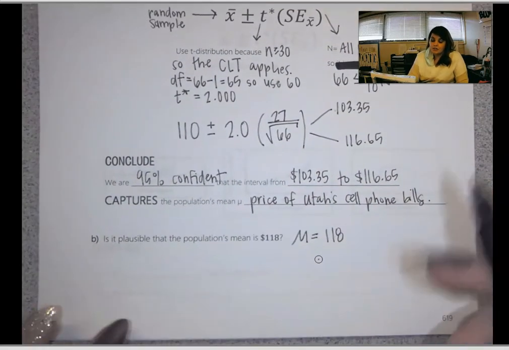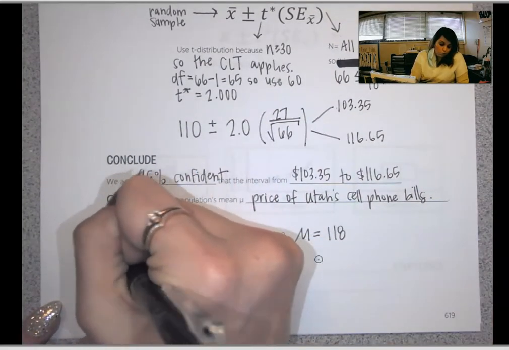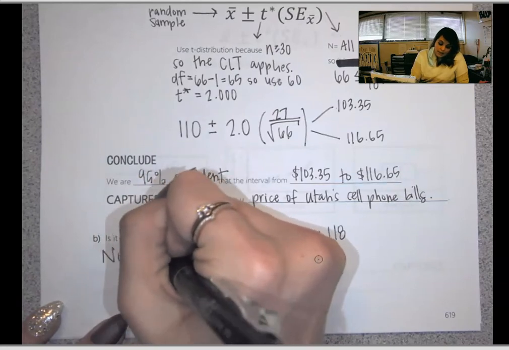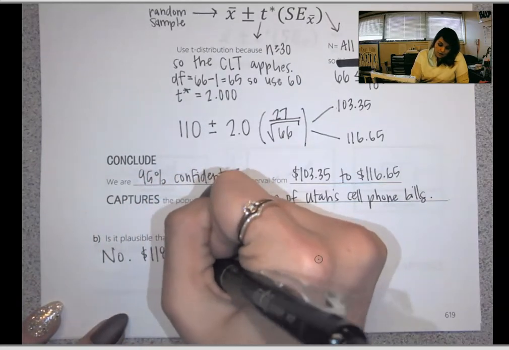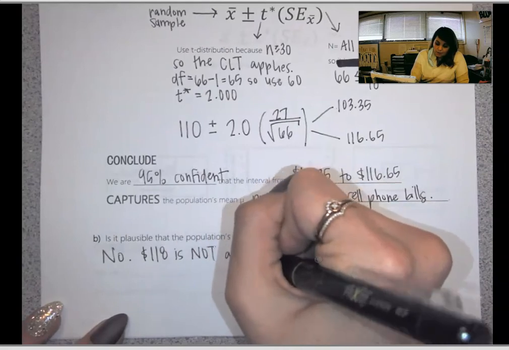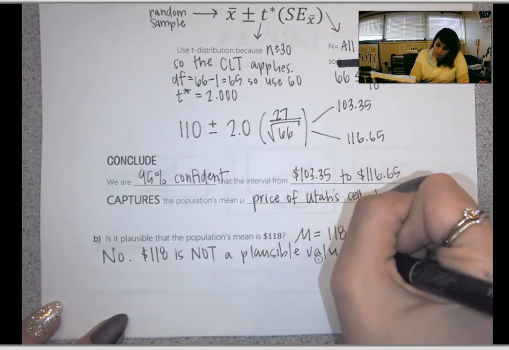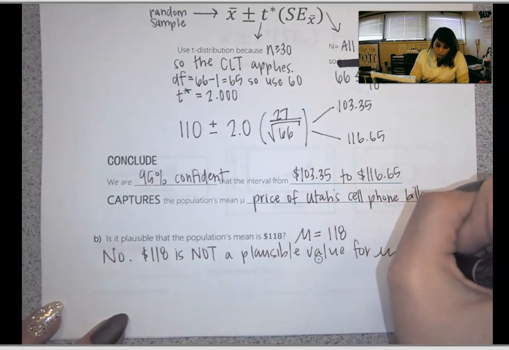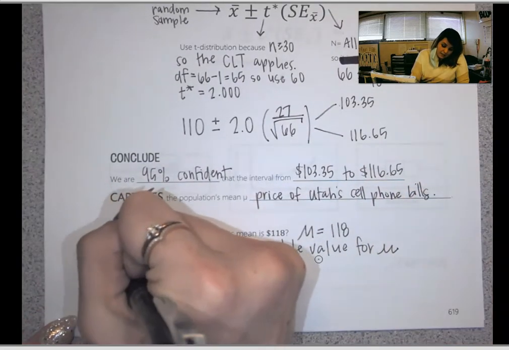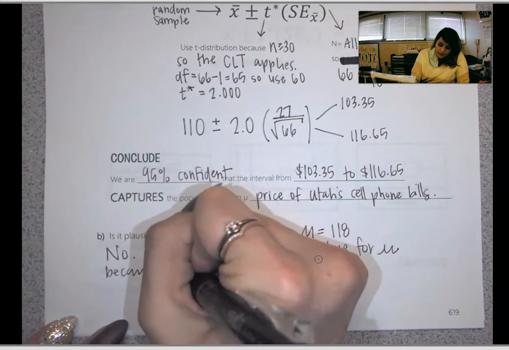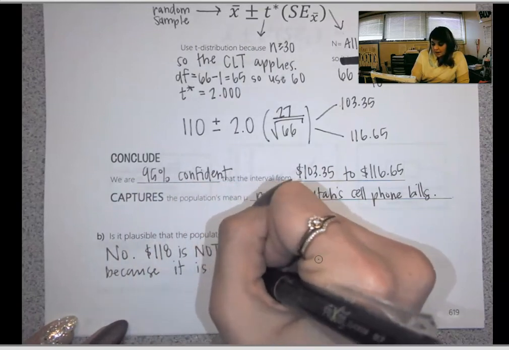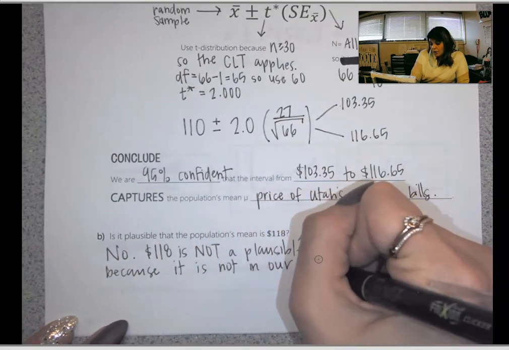And the answer to that is no. 118 is not a plausible value for mu because it is not in our interval.